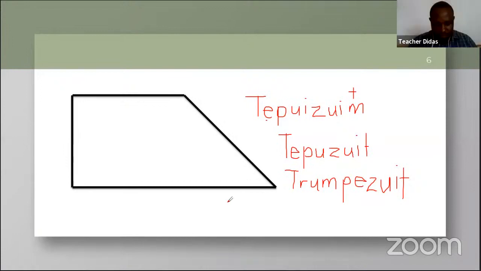Tell me. Go on. A trapezoid. Go on and you say it.